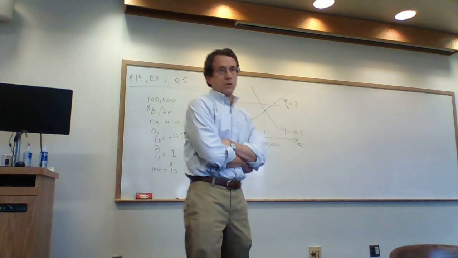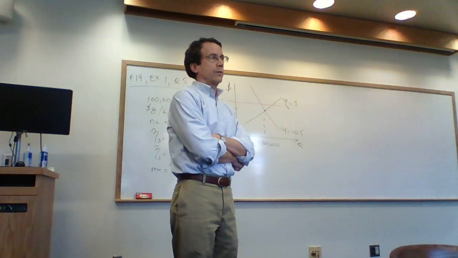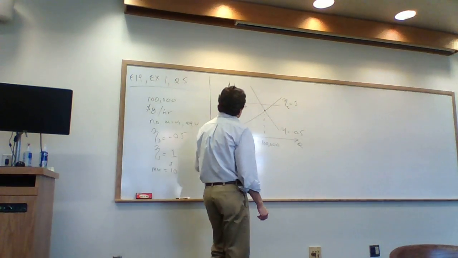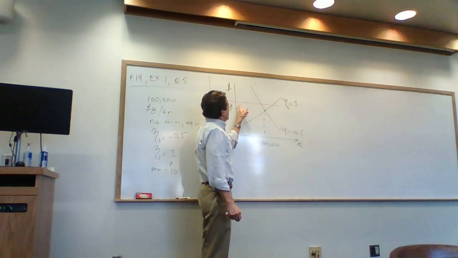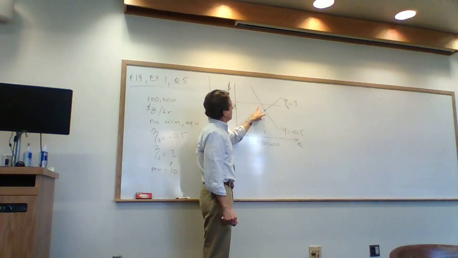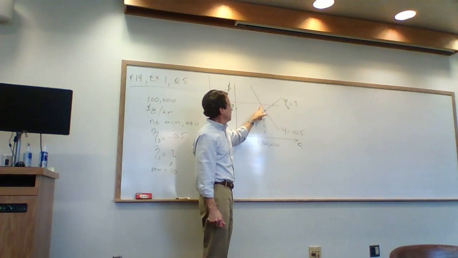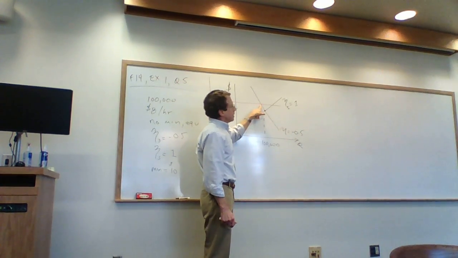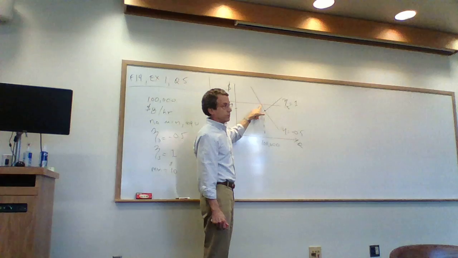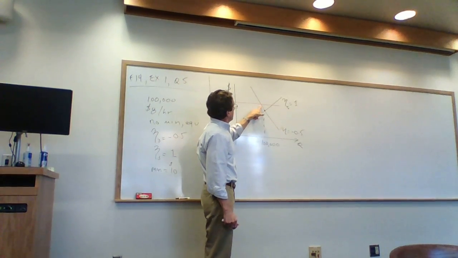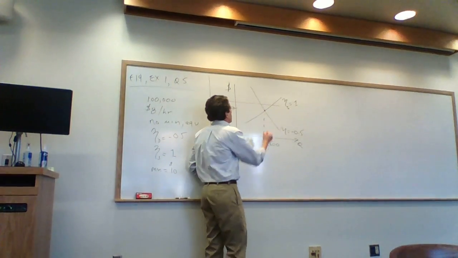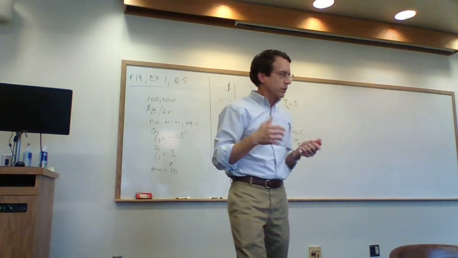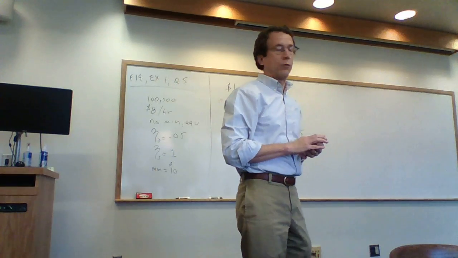So the next thing to do, if you're rusty at this, is figure out what the binding price control actually does in the market. If it doesn't instinctively come to you right away, look along the price, either the minimum wage here or a ceiling, and whichever curve it hits first is going to be the thing that controls the market. In this case, it's going to hit the demand curve first. So the new market Q is going to be the number of workers that people are willing to hire at that wage.